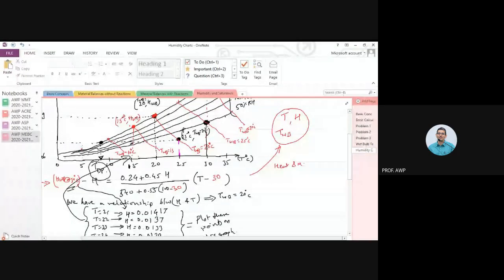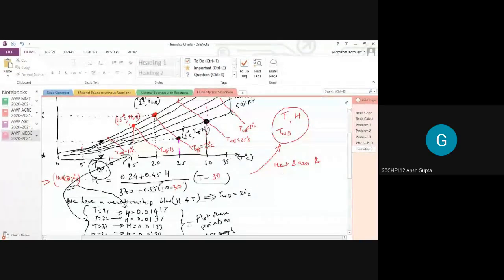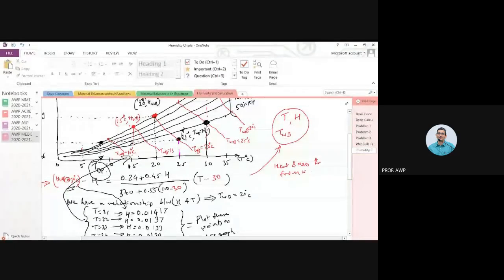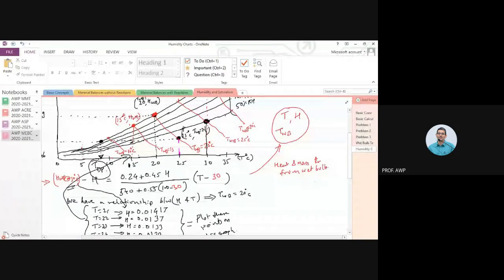From the wet bulb, there is mass transfer to the air and heat transfer from the air to the wet bulb, isn't it? So this equation describes the relationship for wet bulb temperature for any temperature and humidity of the air. So this equation we need to plot on this humidity chart.